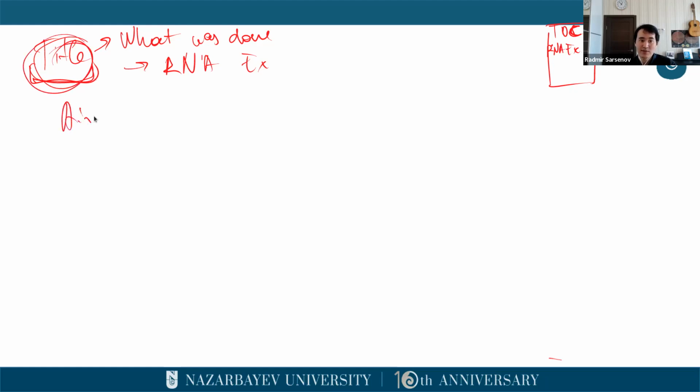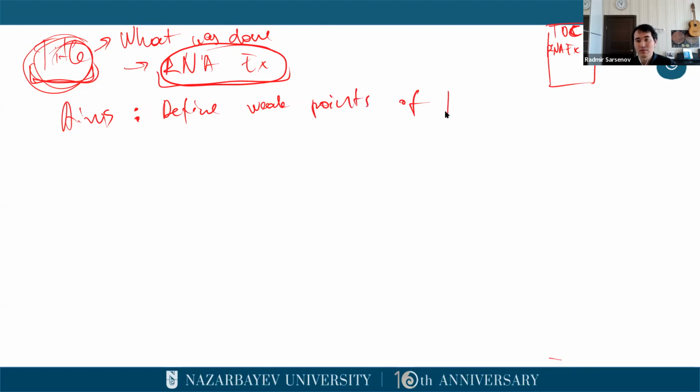Now you have aims. In your aims, of course, is to extract RNA, but you have to actually go into details. So let's say you are trying this protocol for the first time. So the aim is actually to define weak points of the protocol. This is one of the aims, right?